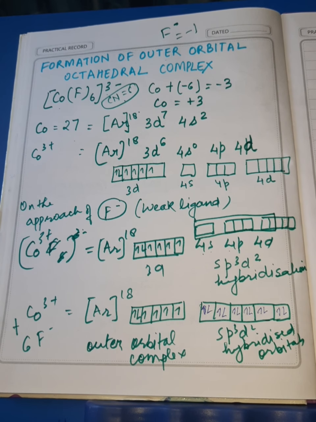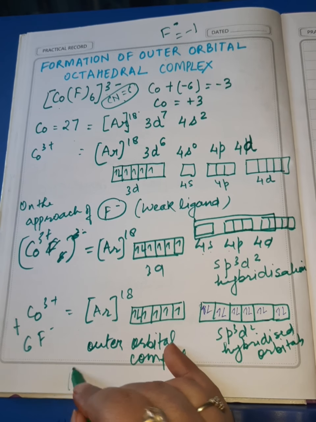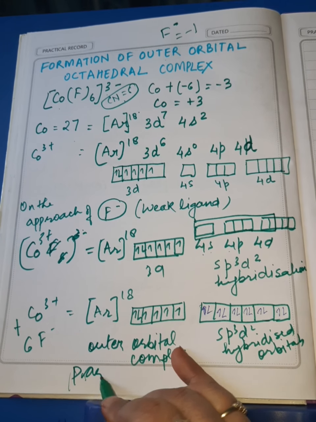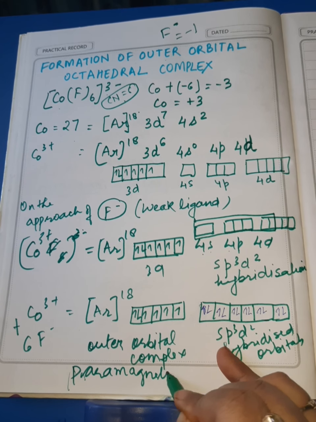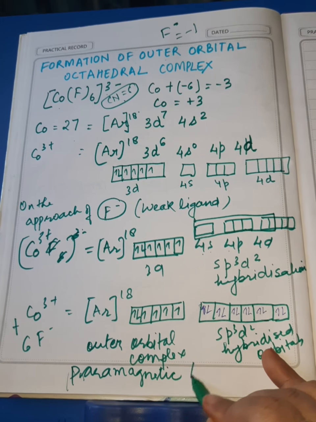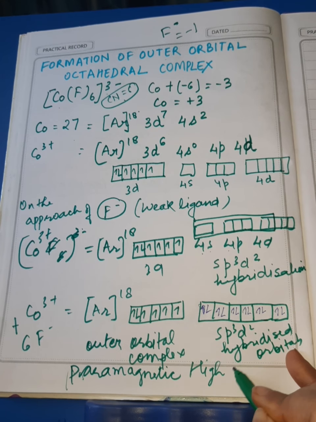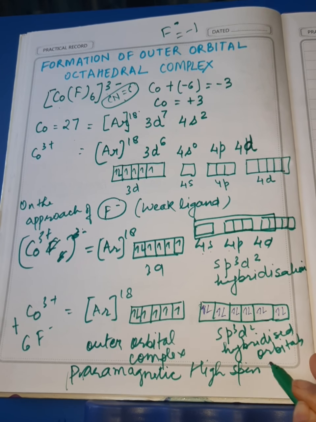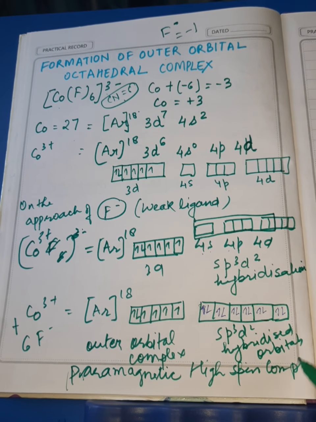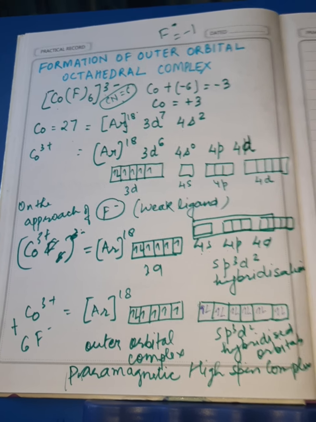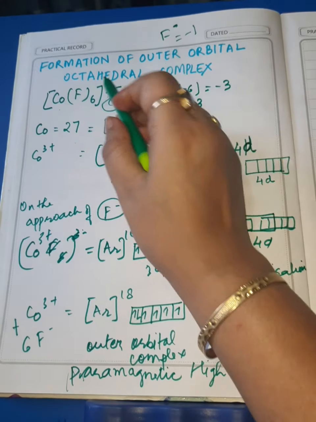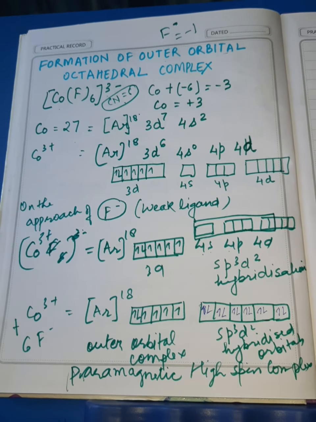So due to the presence of a large number of unpaired electrons, first and foremost this complex will be paramagnetic. And we can call it a high spin complex. I hope these steps are very clear to all of you. So this was the bonding in outer orbital octahedral complex.